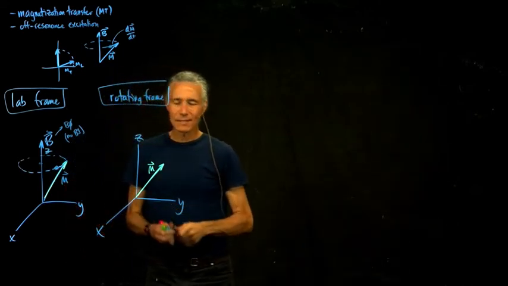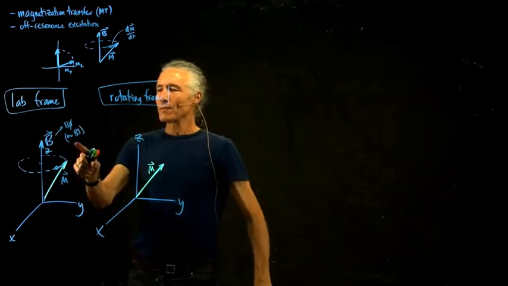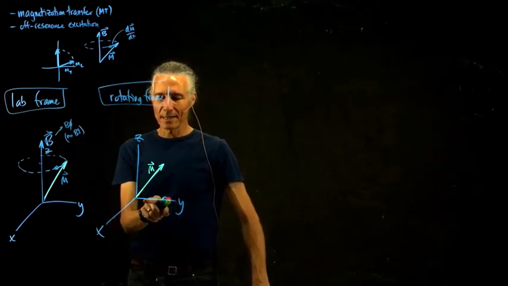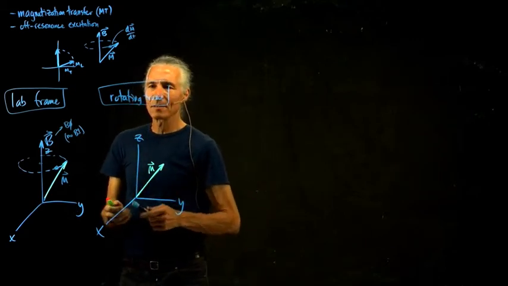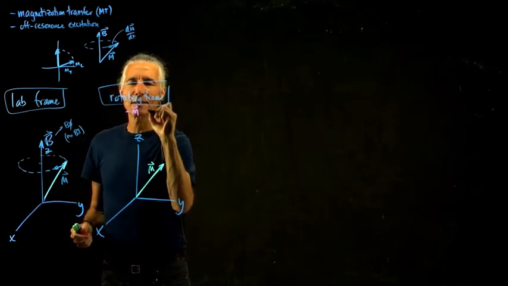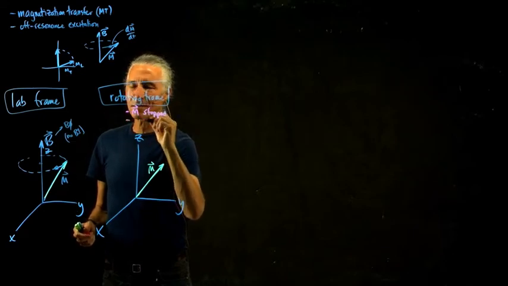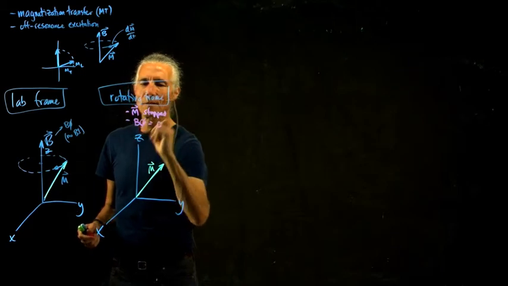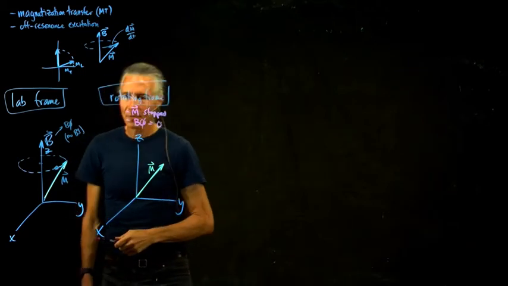So now let's consider what happens if we do a B1 in the stopped case. In this rotating frame, what's happened here? Well, M has stopped. And what does that mean? That effectively means B0 equals 0. So we've canceled out the B0.